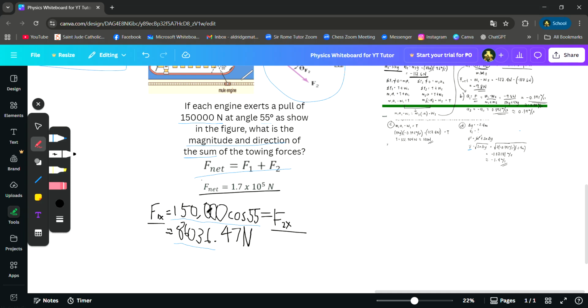Am I right? That's for one of the forces, and then if we add this with itself, it will become this. So we just times 2.